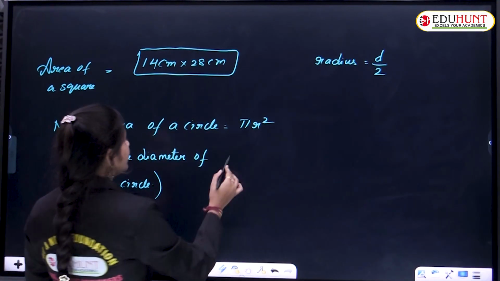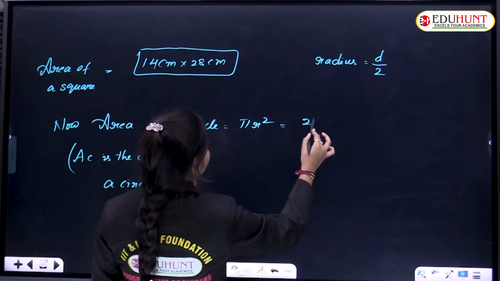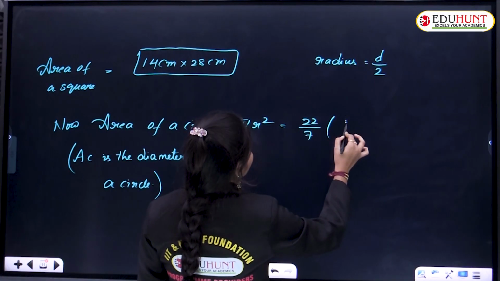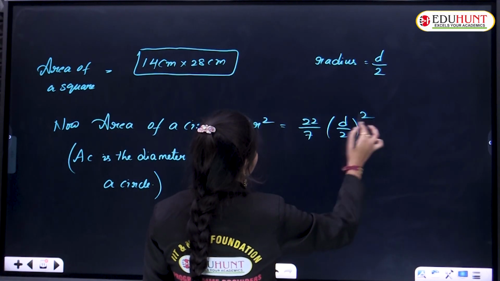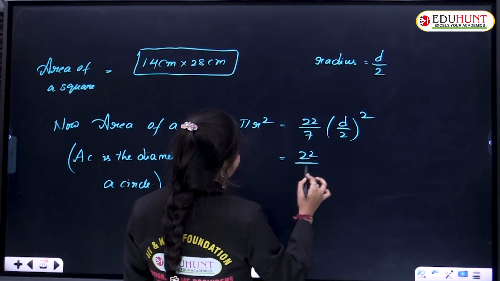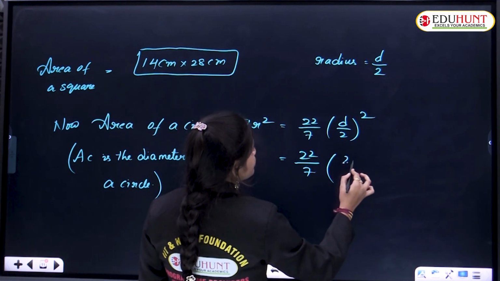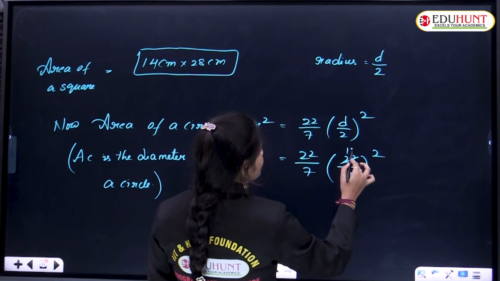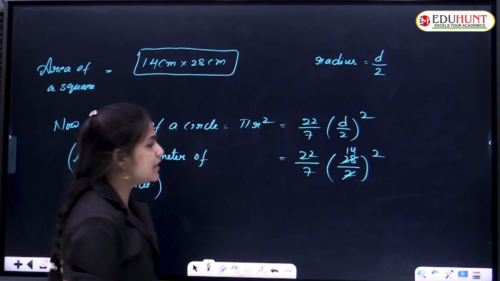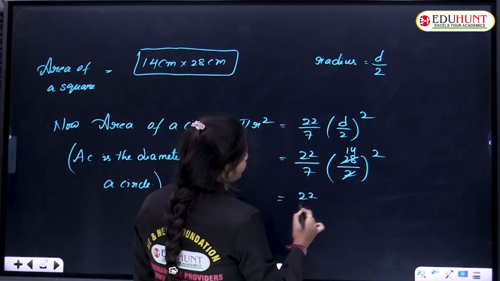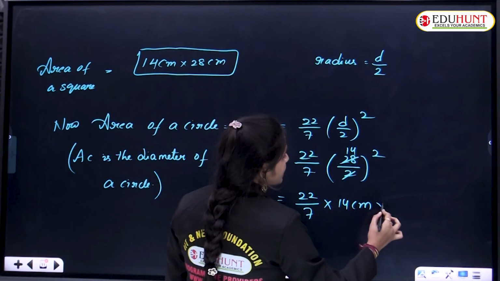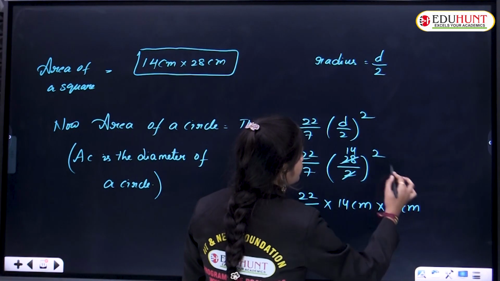Now, this is equal to 22 by 7 into r square, which is d by 2 whole square, which is 22 by 7 into 28 by 2 whole square, which is 14 square. 22 by 7 into 14 centimeters into 14 centimeters.